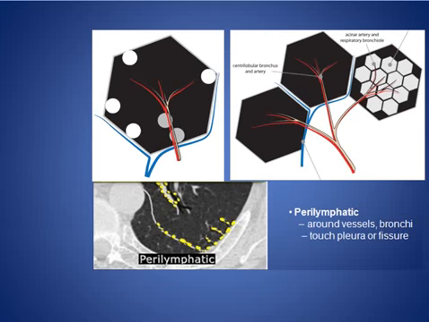The perilymphatic nodules are distributed around the bronchovascular bundle. As we see here, multiple nodules around the septal surfaces touch the pleura and the fissure, as we see in this image.